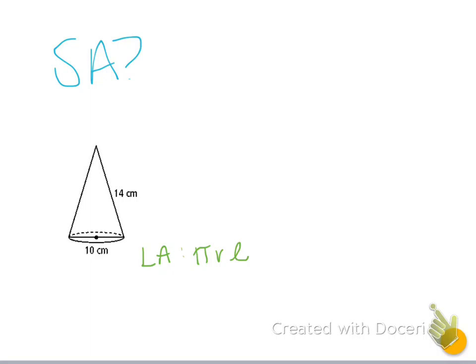This time we have our slant height, because it's along the side, not our inside height. Well, 10 is all the way across, that's my diameter, so I need to cut it in half to find my radius, 5. That times my slant height, so 14 times 5. So my lateral area is 70 pi centimeters.